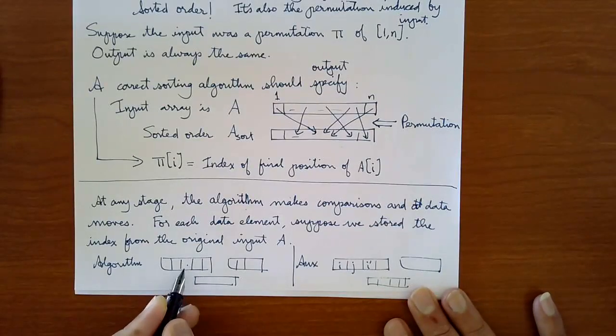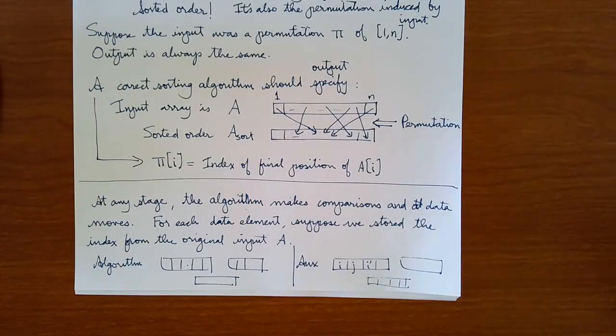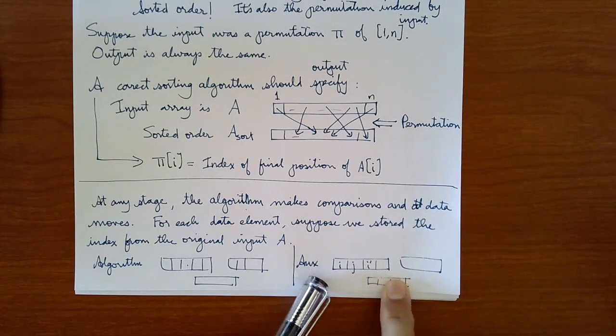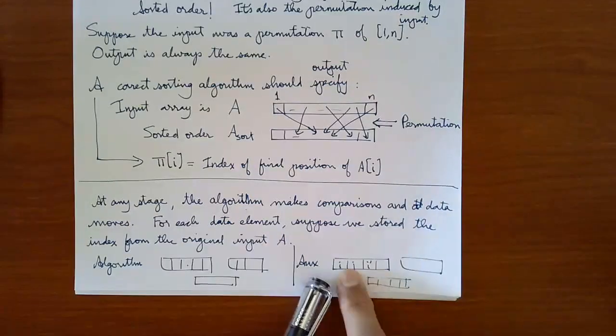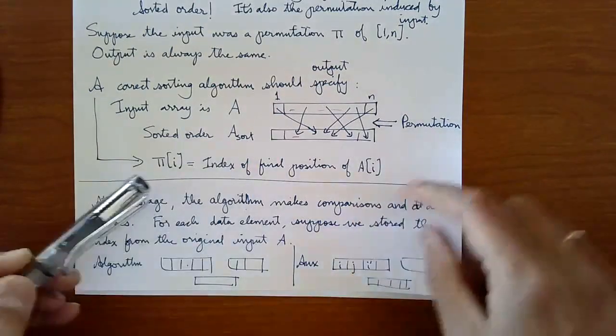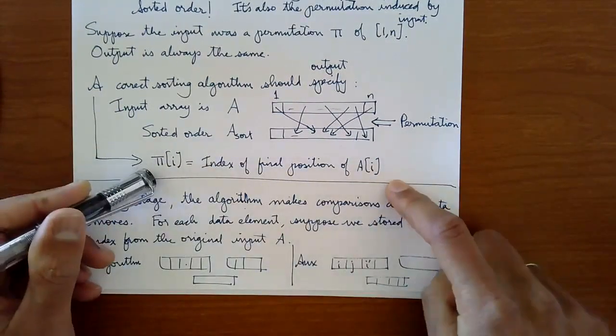If it swaps two elements, I can do the corresponding swap. Right? And this would keep track of where that element ended up.